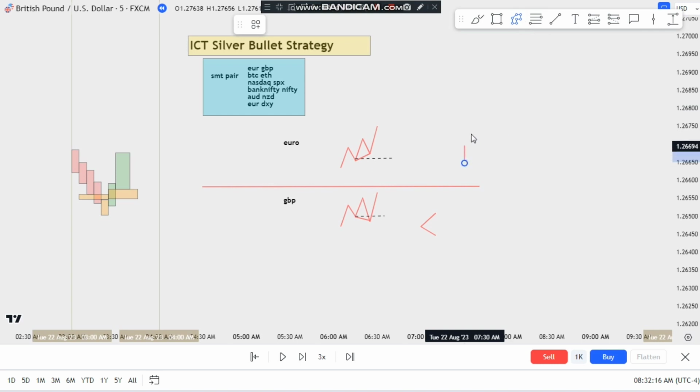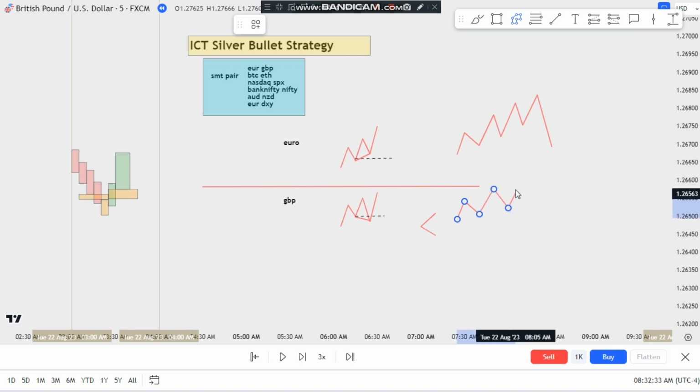Now you can get some bearish divergences. Let me draw it again. You can see that the price is going up and then suddenly it starts going down. The same will happen with the GBP.